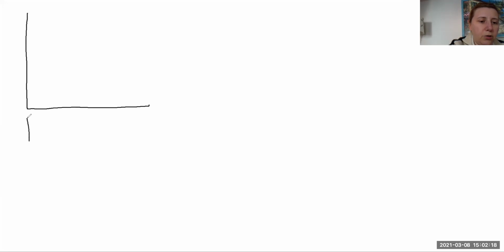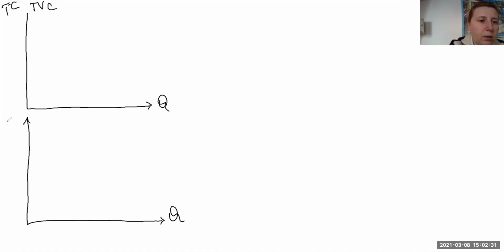Okay, let's try to draw the cost functions: total cost and total variable cost, and here marginal cost and average cost functions. Here, Q, total cost and total variable cost in the first graph, and in the second one, average cost, marginal cost, and average variable cost.